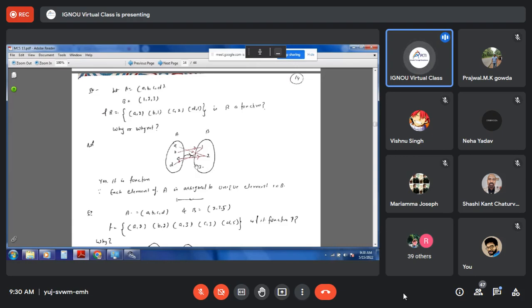All the conditions of functions are satisfied. It is possible. More than two elements can have one image; they have the same image in B. Yes, it is a function. Simply, each element of A is assigned to a unique element in B.